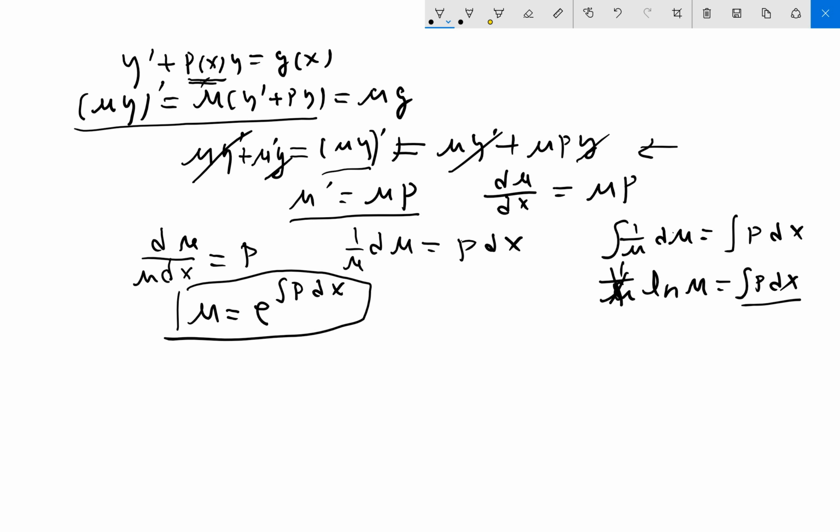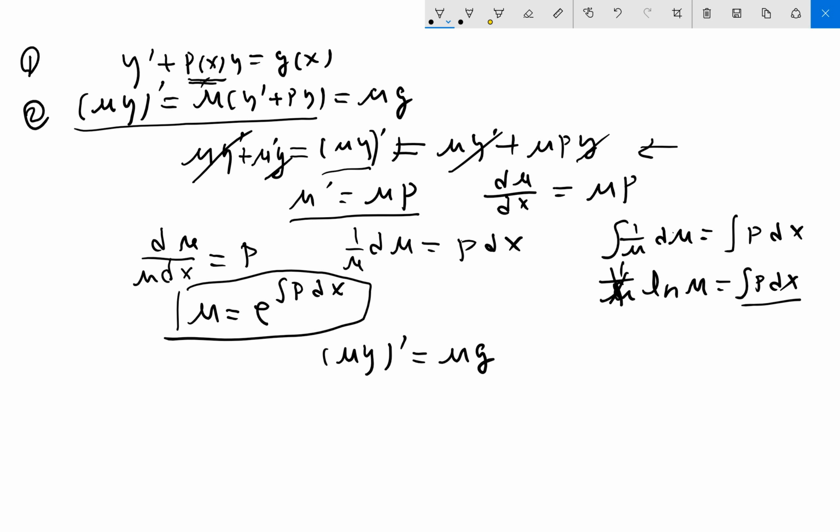Once you know your mu, then if we call this equation 1 here, equation 2 here, then our equation 2 can be written as mu y prime equal to mu times g.